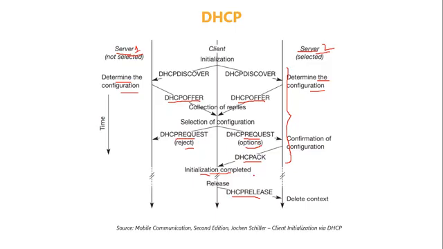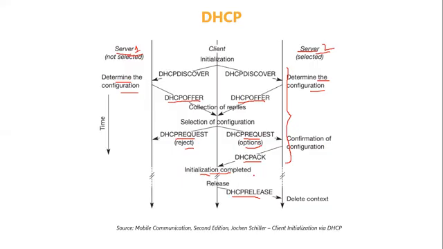Without authentication, the mobile node cannot trust a DHCP server, and the DHCP server also cannot trust a mobile node.